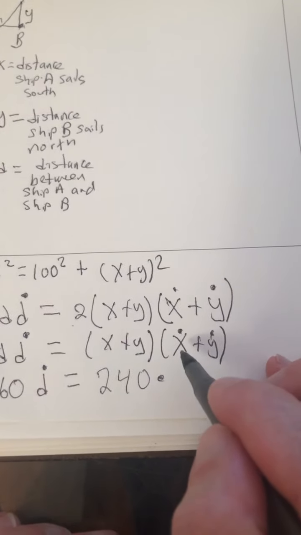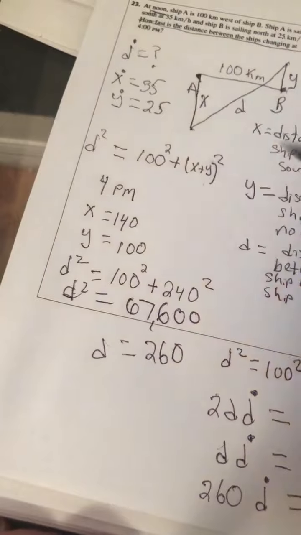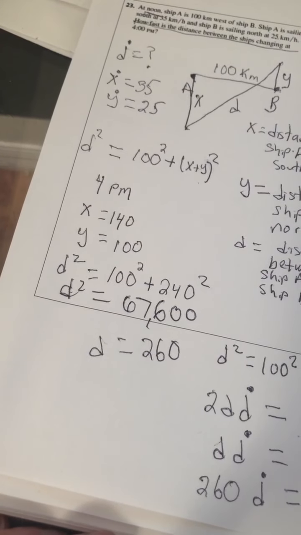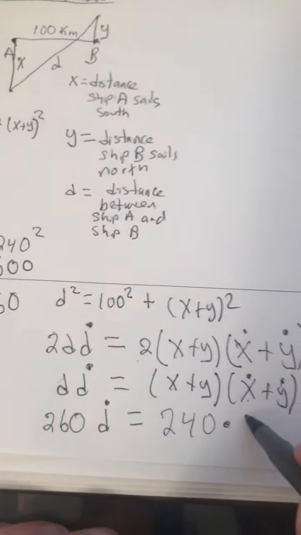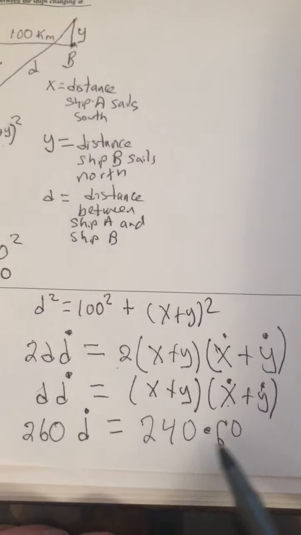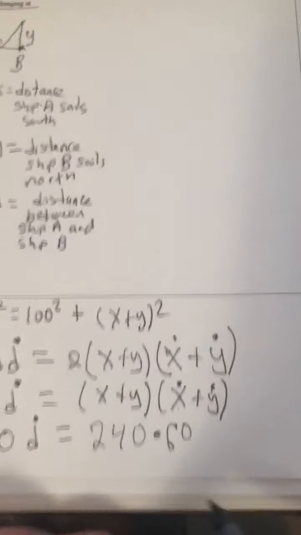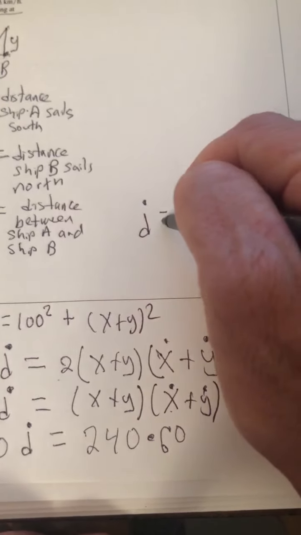And then what is x dot plus y dot? 35 plus 25. So solve this equation for d dot, and that will be our result.